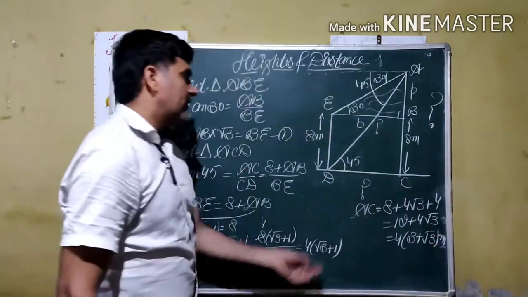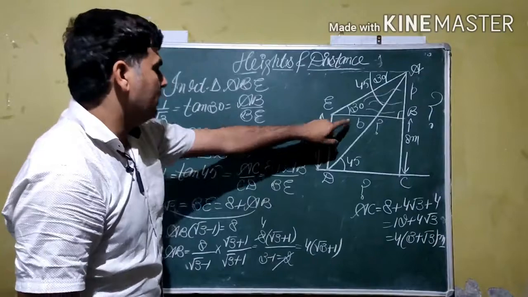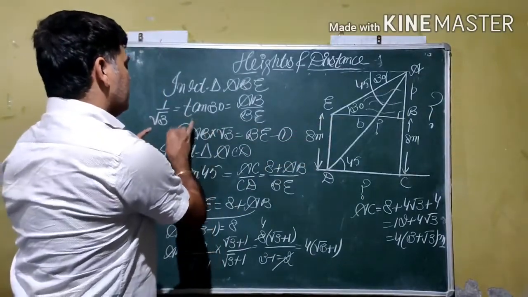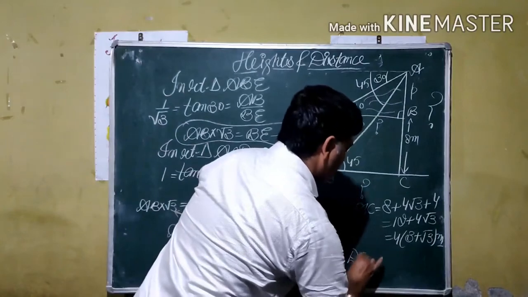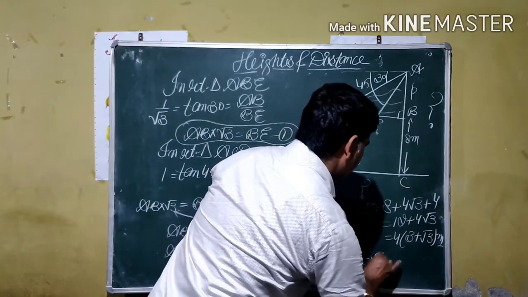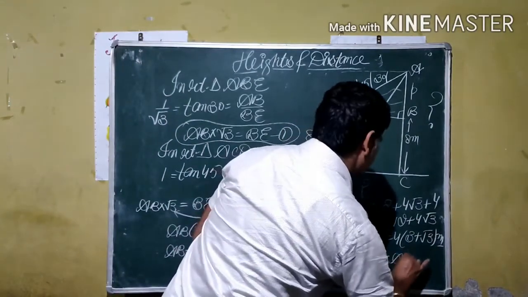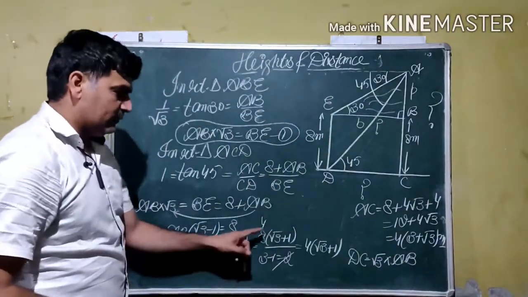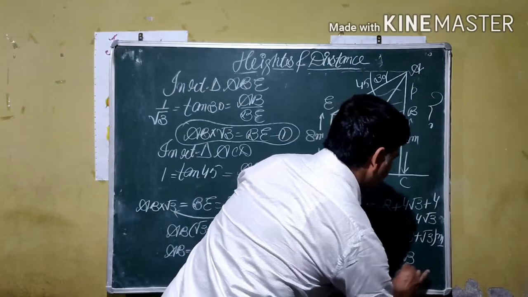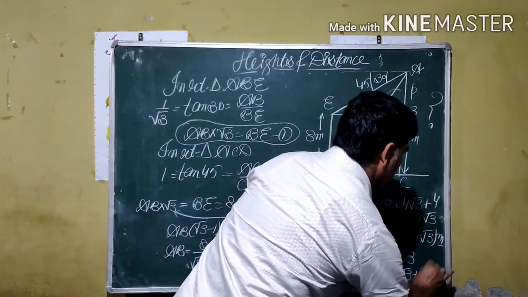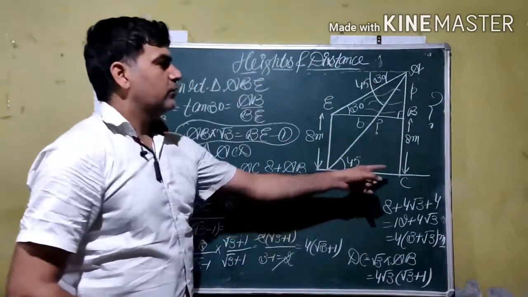Next we have to calculate DC. DC is equal to BE. Using result 1, DC is equal to BE, which is root 3 times AB, meaning root 3 times this value, meaning 4 root 3 multiplied by (root 3 plus 1). So this is the distance between the two buildings.